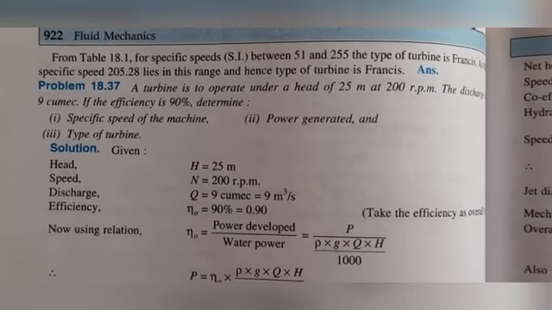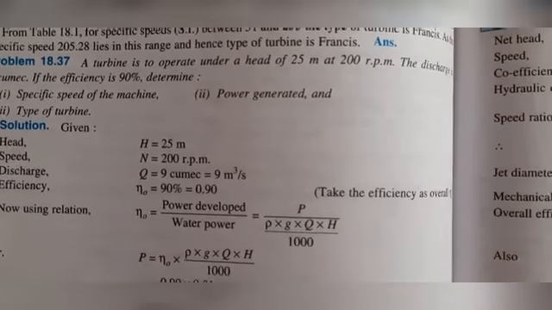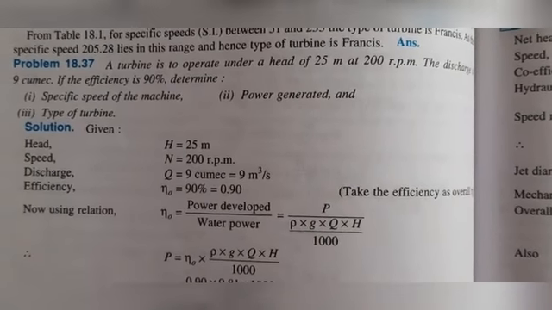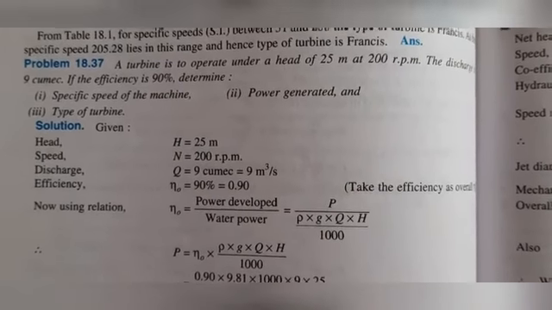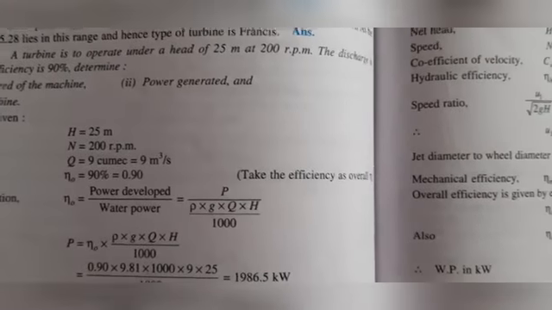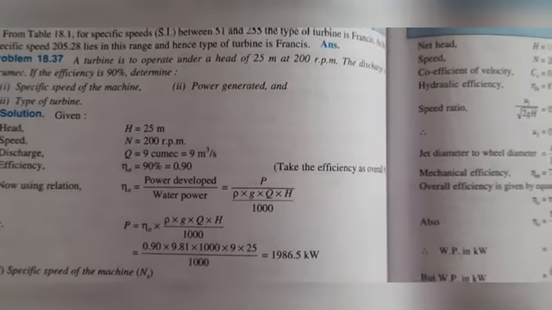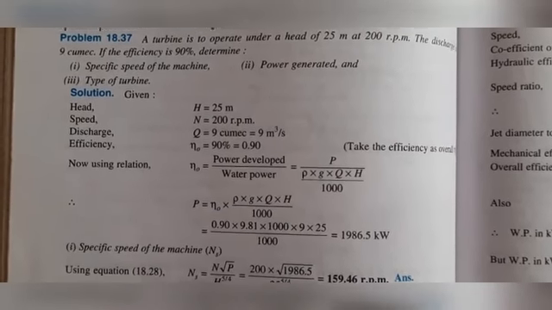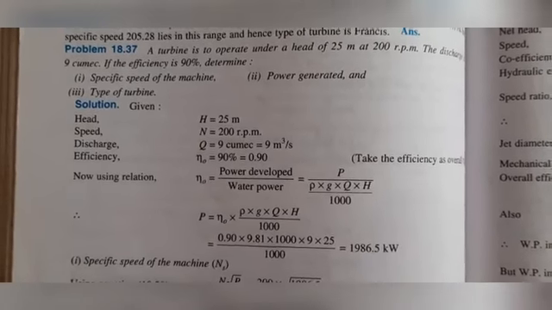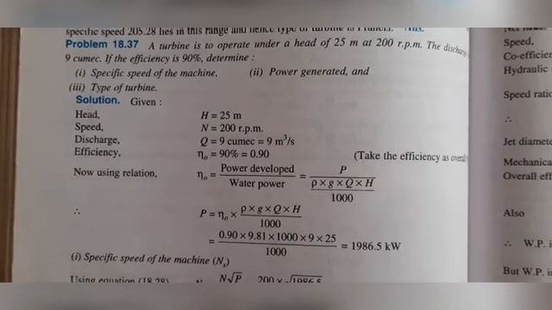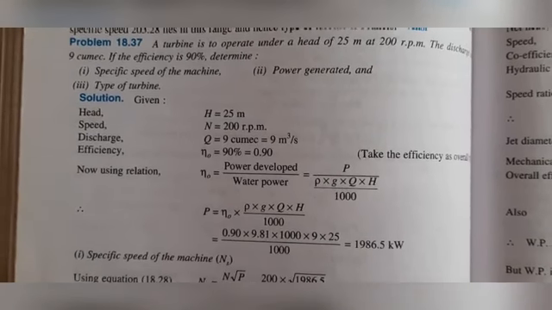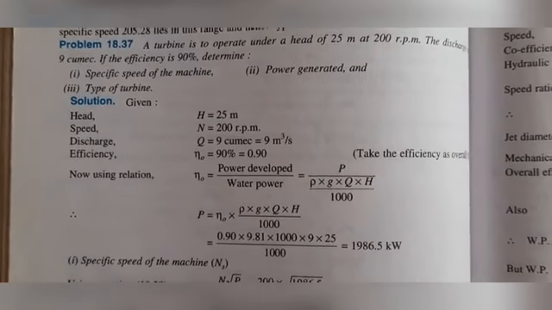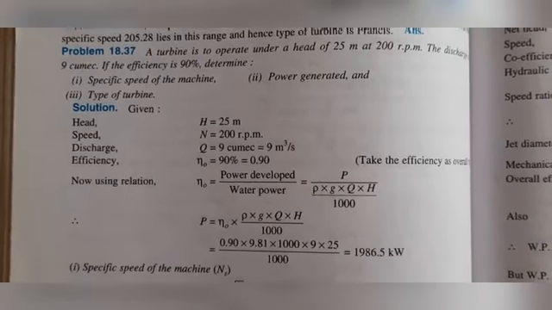One more question we will solve. A turbine is to operate under a head of 25 meter at 200 rpm. The discharge is 9 cumecs. If the efficiency is 90%, determine first the specific speed of the machine, second the power generated, and third the type of turbine.